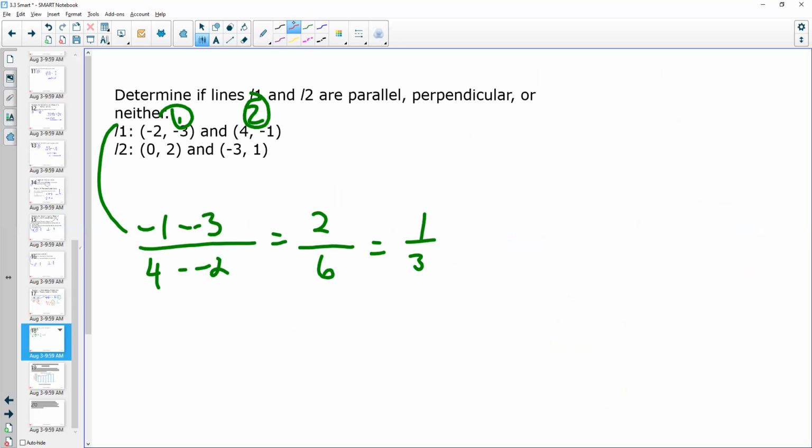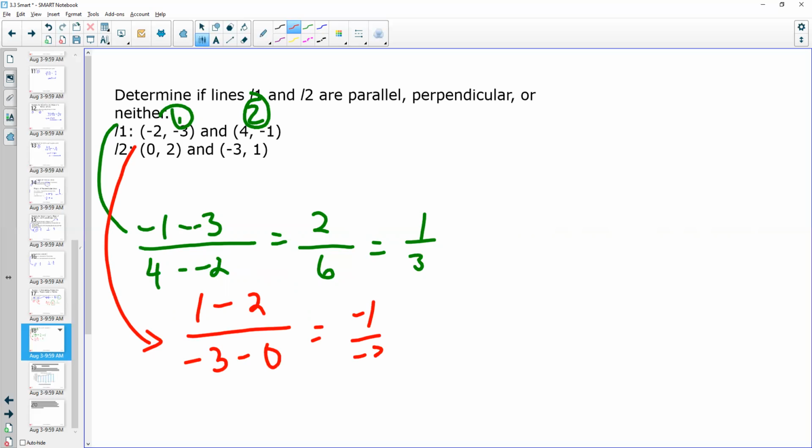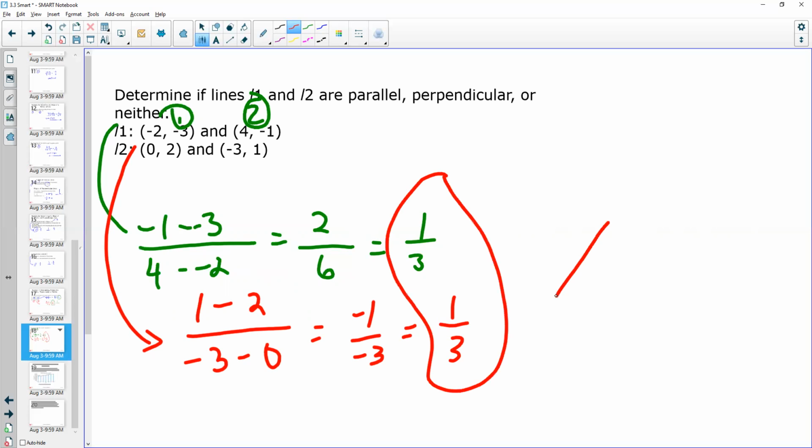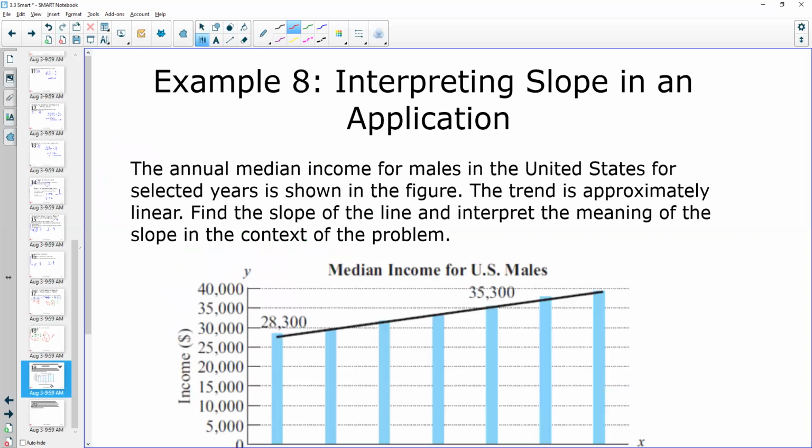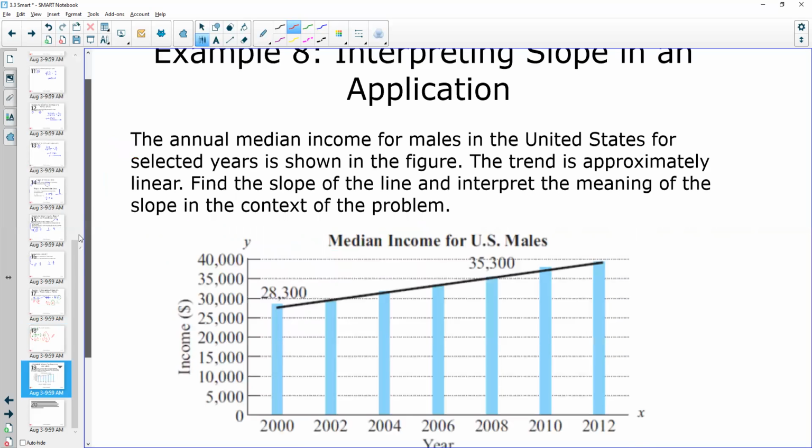And let's do the second set. I get 1 minus 2 over negative 3 minus 0. Well, it gets me negative 1 over negative 3. That's the same thing as positive 1 over positive 3. So these guys have the exact same slope. That means they're parallel.